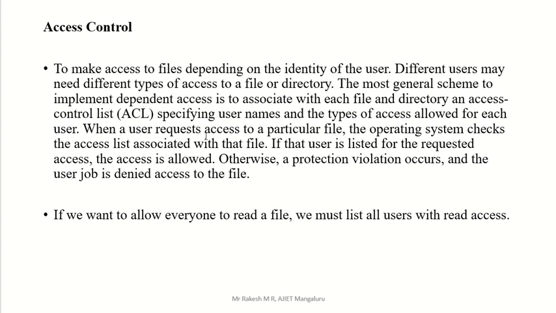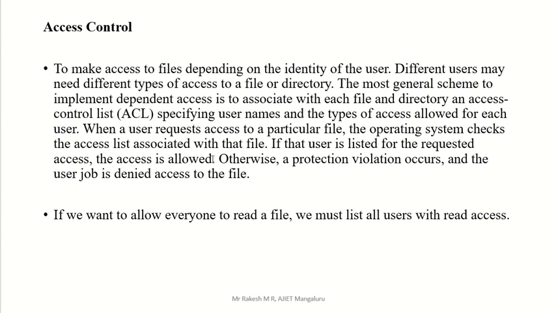When a user requests access to a particular file, the operating system checks the access list. The OS will check the ACL. At that time, if that user is listed for the requested access, then access is allowed.